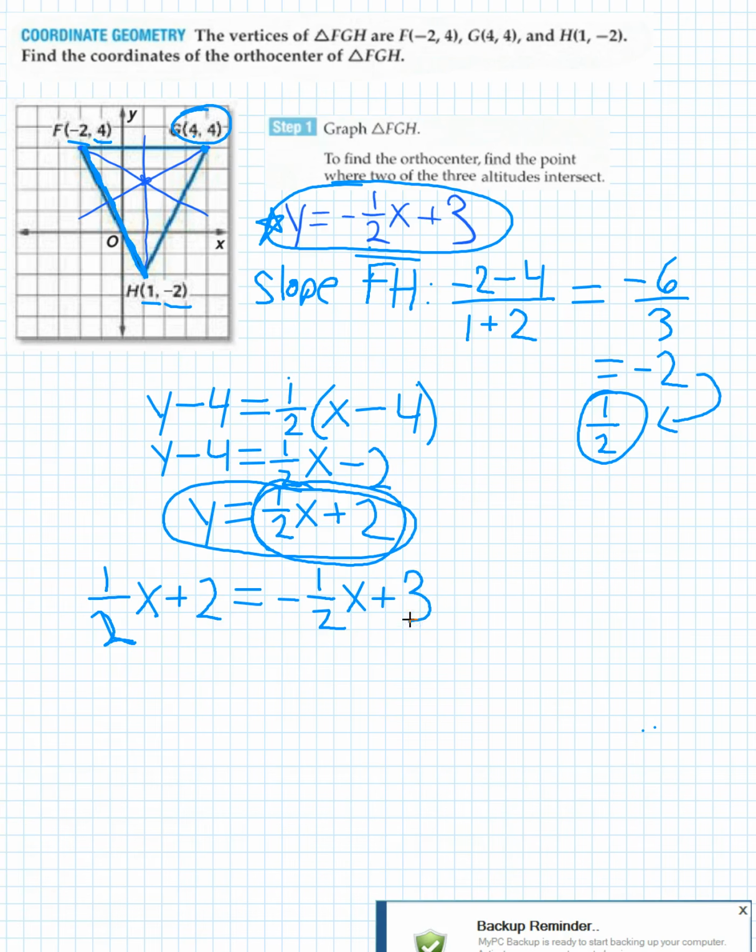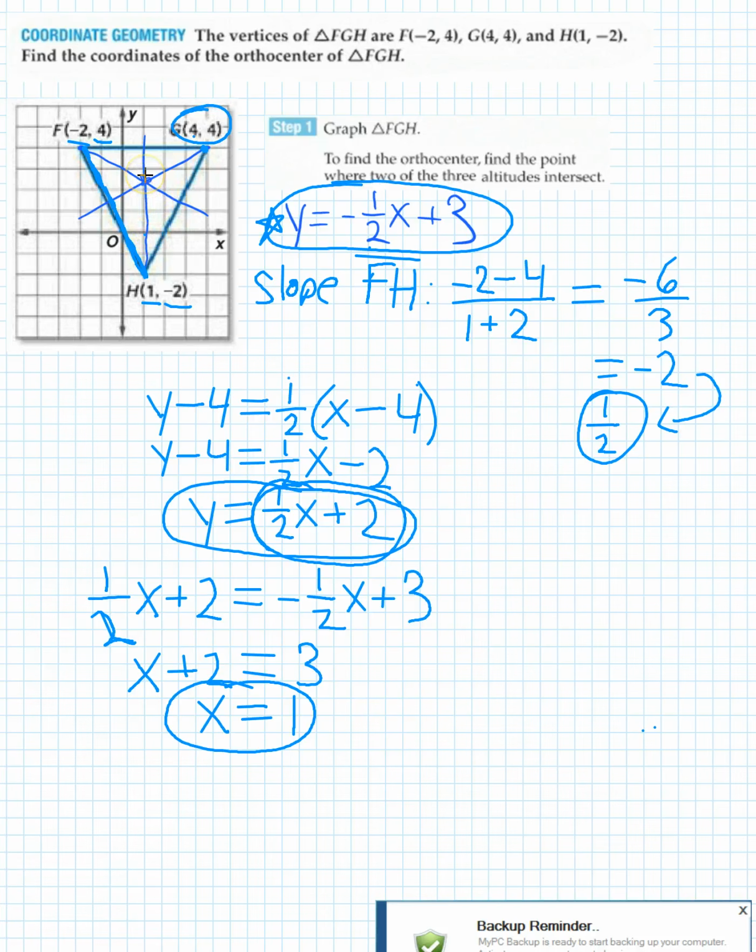And if I solve that, let's go ahead and add this 1/2 x to this side, and a half plus a half gives us 1 whole x, plus 2 equals 3. Subtract the 2, so we get a simple x equals 1. And that is the x coordinate for our orthocenter, which makes sense because we kind of sketched it out over here. And it does look like the x coordinate would be over here at 1.